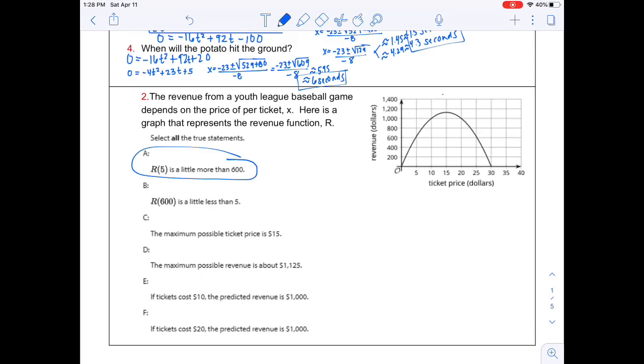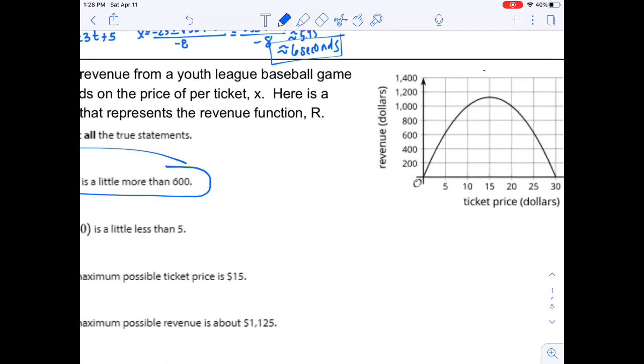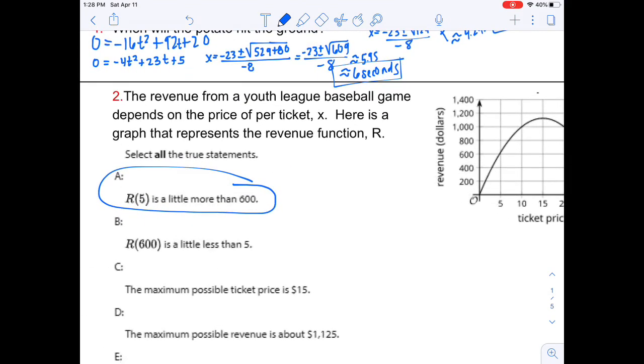Letter B, the revenue is $600 for a little less than 5 tickets. So a little less than 5 anywhere in this zone is a little less than 5. That's false.